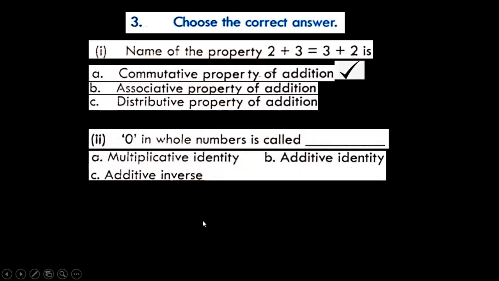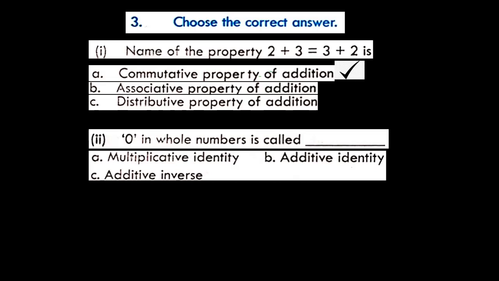Now look, 0 is a whole number, called additive identity: if you add 0 to any number, it makes no difference. Just as 1 is called the multiplicative identity, similarly 0 is called the additive identity. When you multiply a number by 1 there is no change, the number will remain unchanged, and if you add 0 to a number you will get the same number.